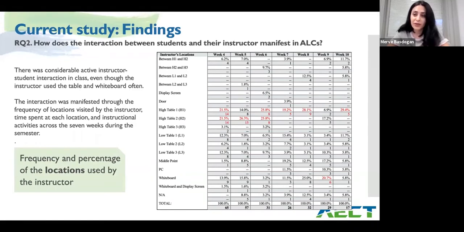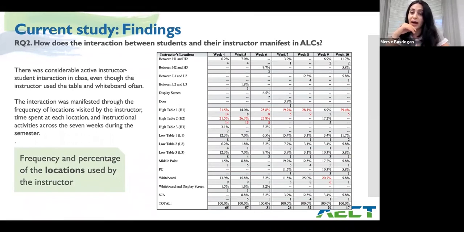From week 4 to week 10, we recorded their movements. For example, in this video, we analyzed the frequency and percentages of the locations visited by the instructor in each week. As you can see from the table, the numbers highlighted in red show that high table number 1 is the most frequently visited table by the instructor from week 4 to week 10.